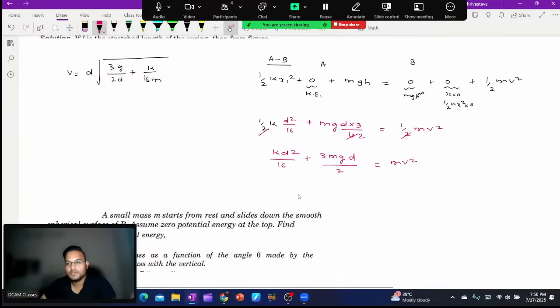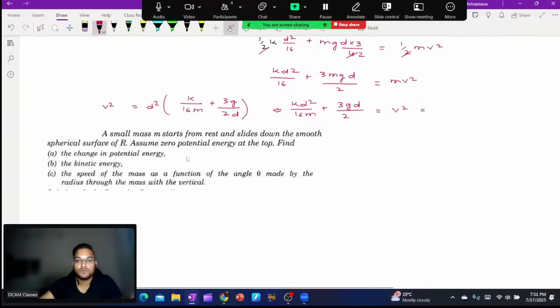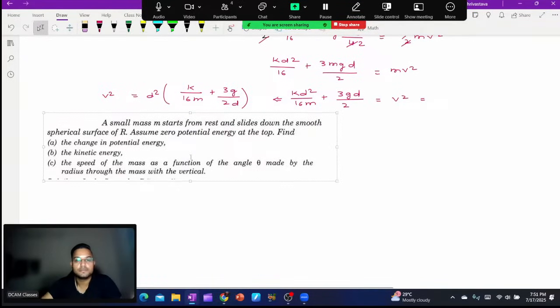So now it's very easy. Kd square by 16m plus 3gd by 2 is equal to v square. Taking d square common, it will become d square into k by 16m plus 3g by 2d. This is equal to v square. So I got the answer.